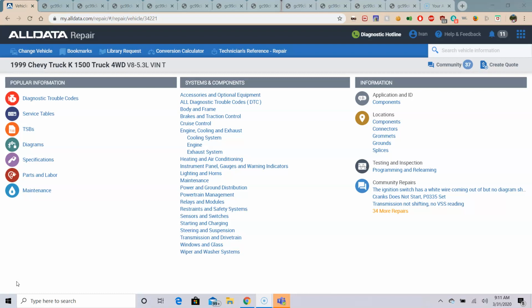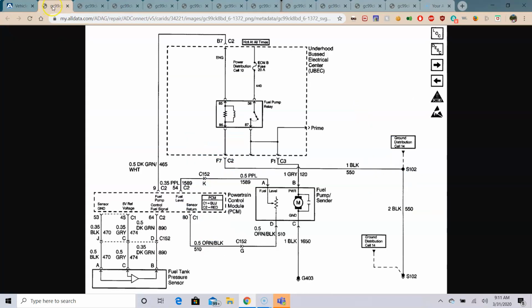Again, if we look over here, if our fuel pump is operating, we know that our fuel pump control is operating. We know that our ground is okay. We know that this fuse must be good because that's sending power to the fuel pump, right?